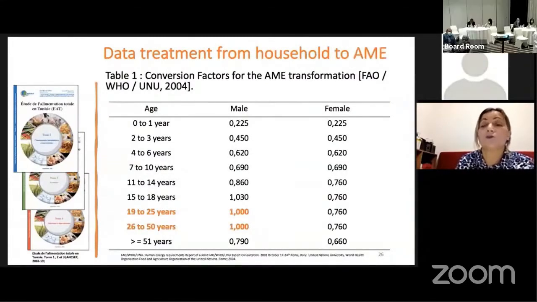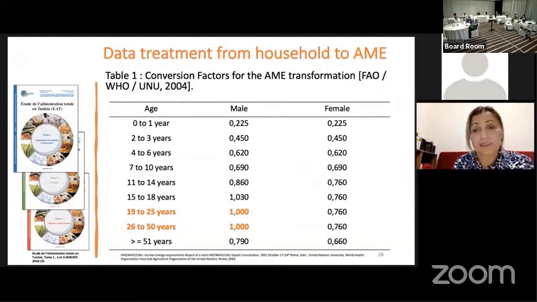For the data treatment from household to adult male equivalent, we used an international table that we found in the FAO WHO report, and you can see in this slide the value for individuals depending on their age and on their sex.